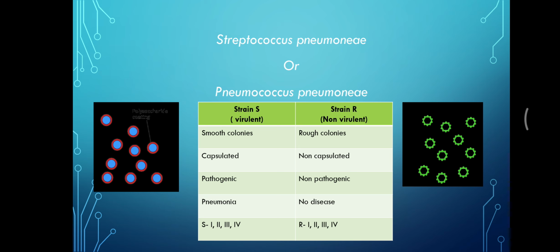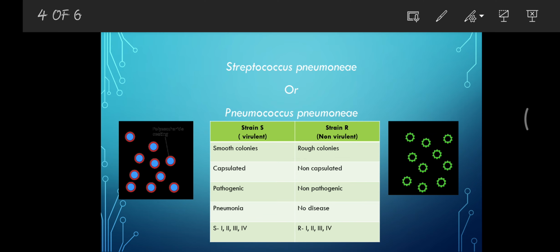Streptococcus pneumoniae has two types of strains: strain S, which is highly virulent and infectious, while strain R was non-virulent, that means not as infectious as strain S.